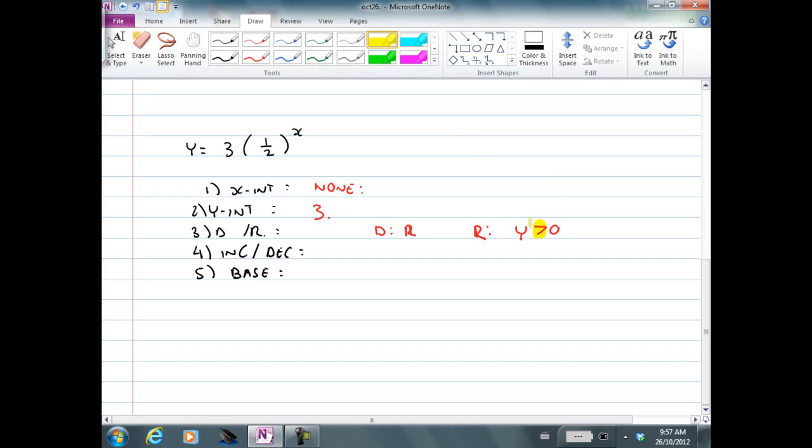Navdeep, increasing or decreasing? Decreasing is correct. Hema, what's the base going to be? 1/2. It's correct. So guys, gals, what base really refers to is, what is the base? The base is really 1/2. X is called the exponent. I could put this in brackets also, but 3 is not the base. So again, this is your exponent, agree? This is called the base.